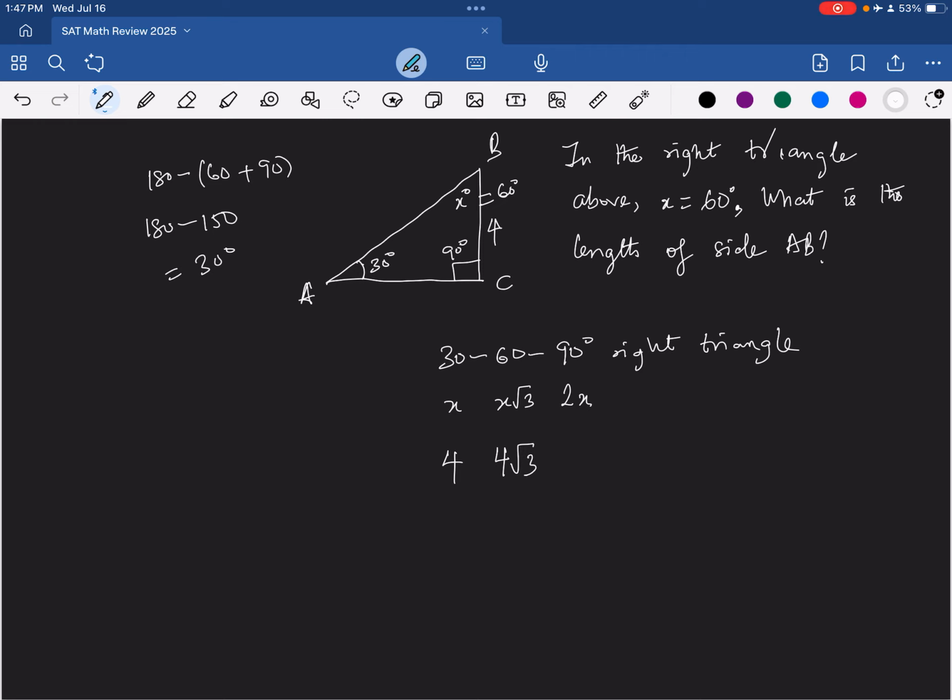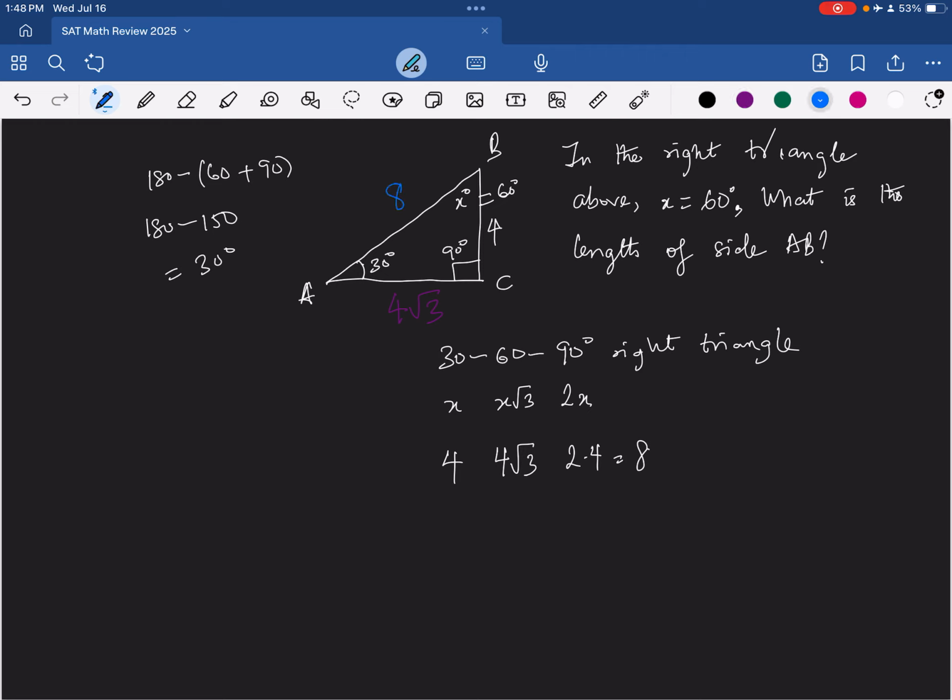And the side facing 90 is 2 times 4, which is 8.